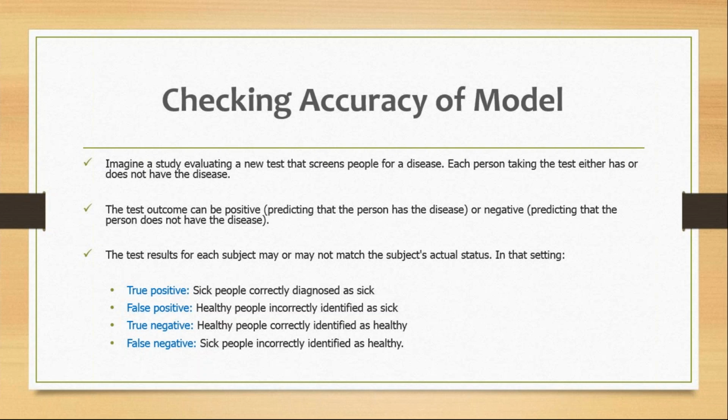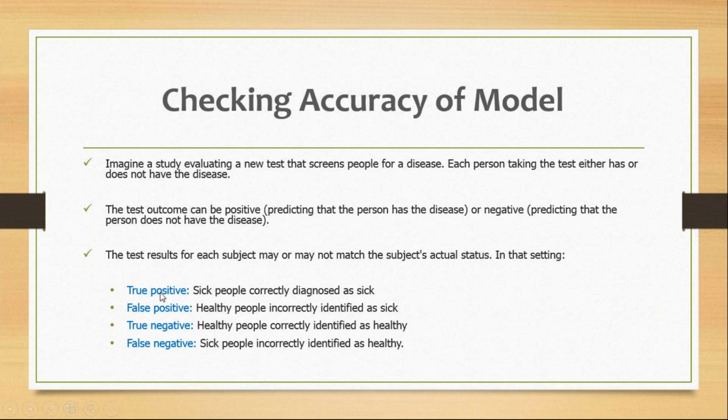So my classification could go wrong in two ways. For example, the person has a disease and I have classified him as not having it, or the person did not have a disease but I have classified him as yes. These two are misclassifications.